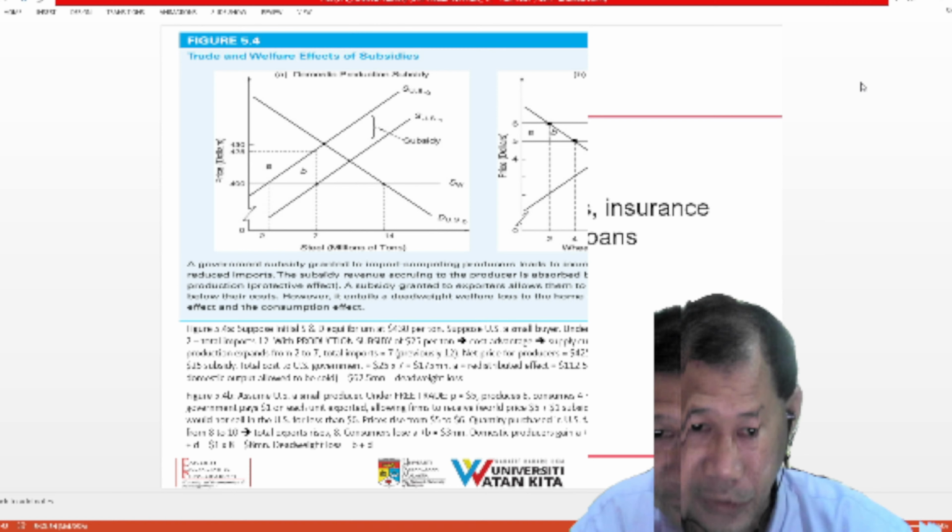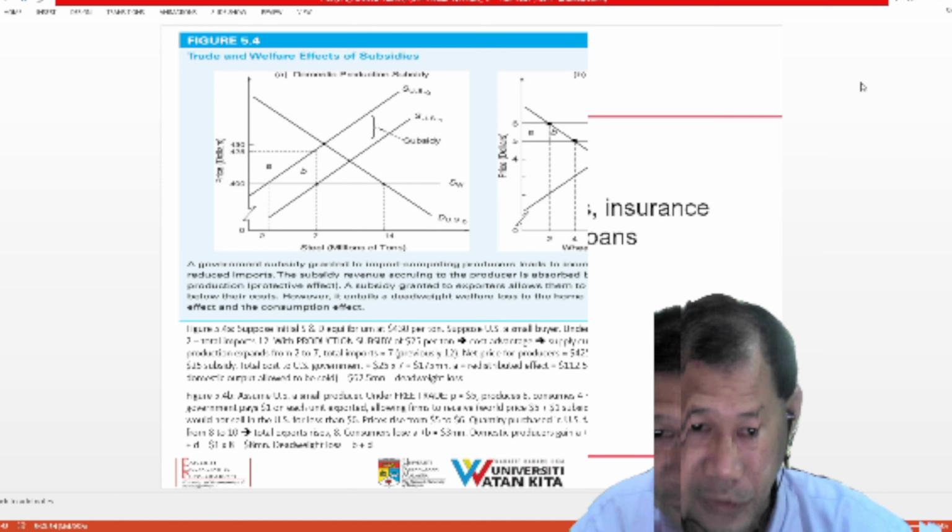However, we're going to look at the welfare effect. So domestic producer gain A plus B plus C. Domestic producer gain A plus B plus C. You can calculate that, comes to 9 million.